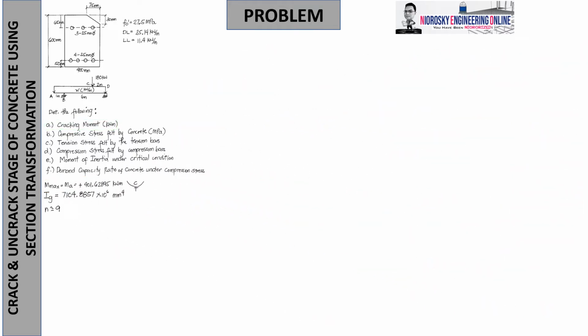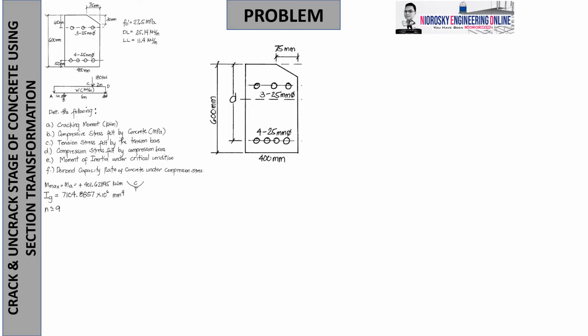So what follows the calculation? Let's say we install again the beam reinforcement. Notice that earlier we already found out that the top of the neutral axis is in compression and the bottom is in tension.